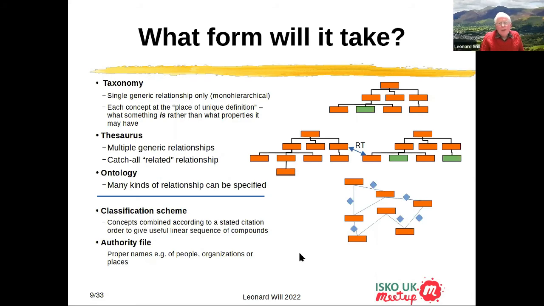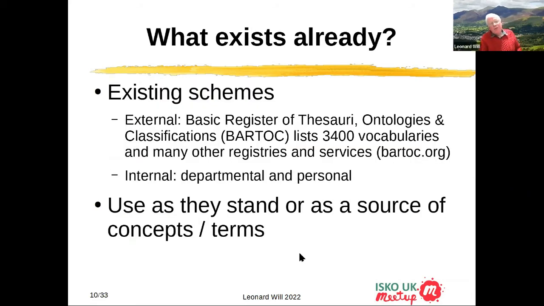If we go on from there, then, there are many of these schemes already, and one question before you start actually developing one is to look and see whether somebody has already done the work. There is a register of thesauri, ontologies, and classifications at Bartok, which lists 3,400 vocabularies and many other registries and services, some of which you can download, some of which give you online access, some of which you've got to pay for.